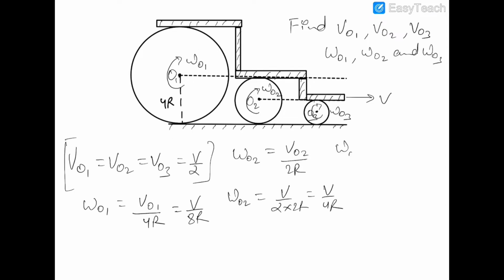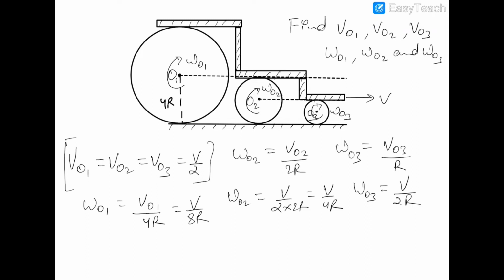And omega O3 will be equal to VO3 upon the radius of this ring. The diameter of this smaller ring is equal to 2r. You can see that this is 2r, and therefore this is the diameter of this ring, and therefore its radius is r. So omega O3 is equal to v by 2r.